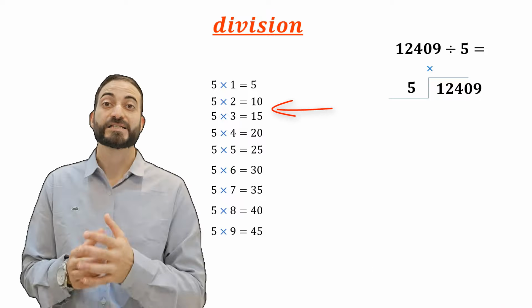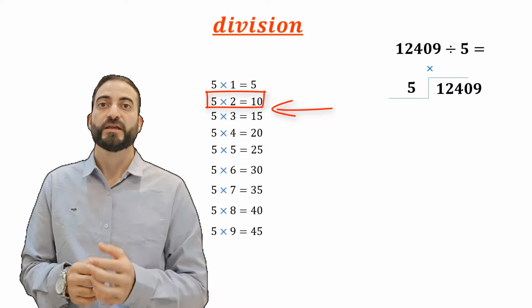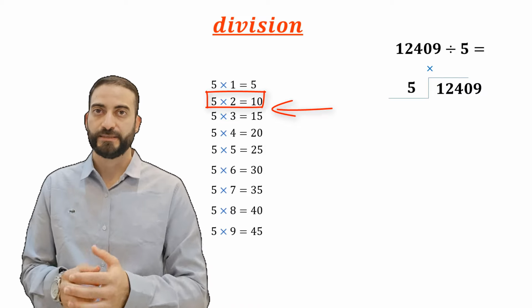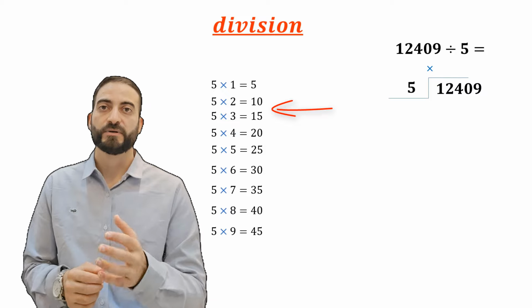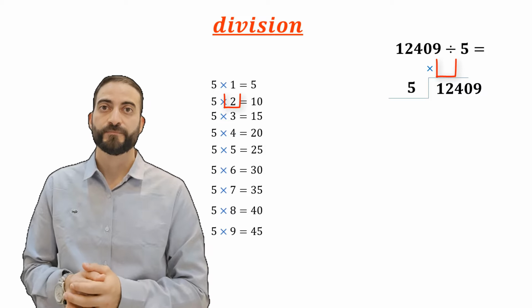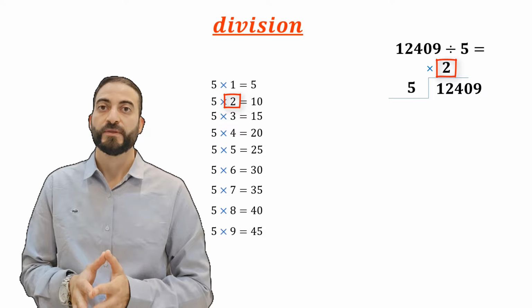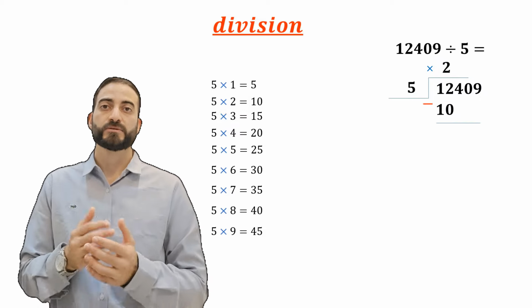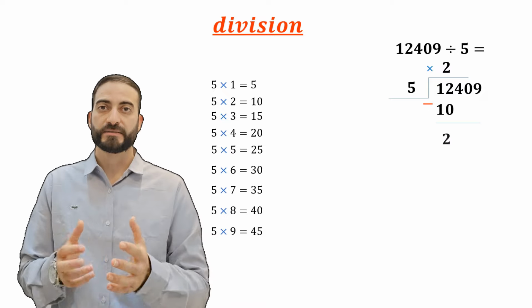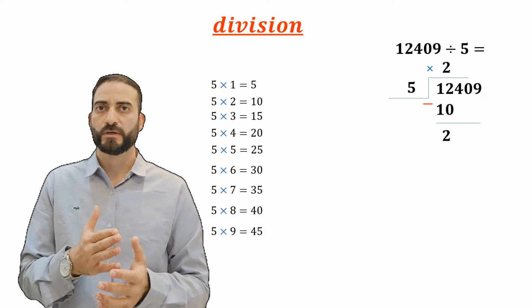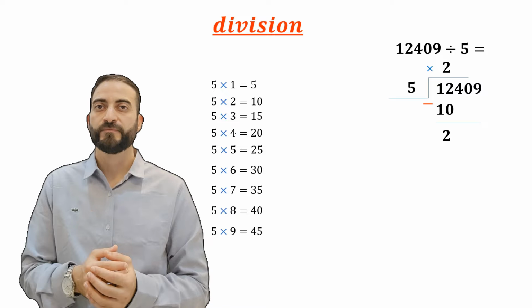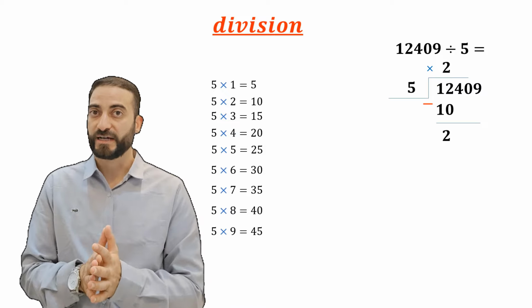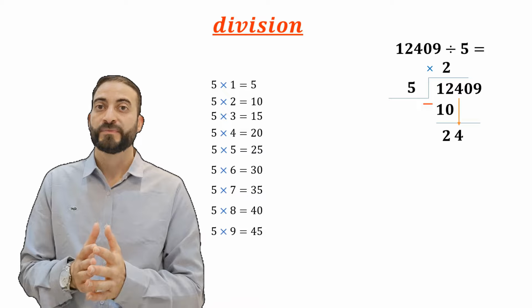We must take the smaller one, which is 5 times 2 equal 10, and write the number multiplied by the divisor here. Now we have 2 times 5 equal 10. We write 10 here and do subtraction. 12 minus 10 equal 2. Because 2 is less than 5, we bring down 4 here.